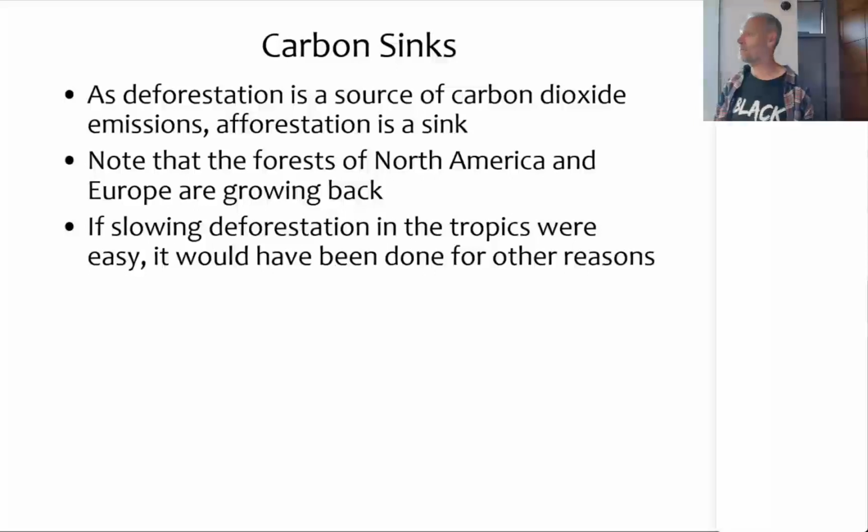We would like the people in Brazil to preserve the Amazon forest, and we would like the people in Indonesia to preserve the forest of Borneo, and we would like the people in Congo not to cut down their forest, but they have different incentives, right? They have kids to feed and so on, and often this is the only way to do so. So yes, slowing deforestation is an option, but it has proved to be a very difficult option to realize in reality.